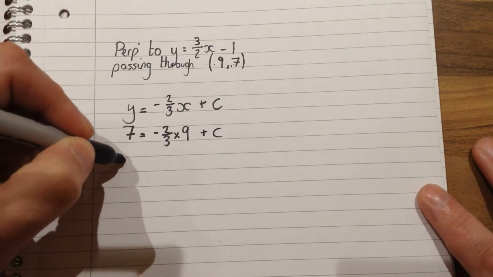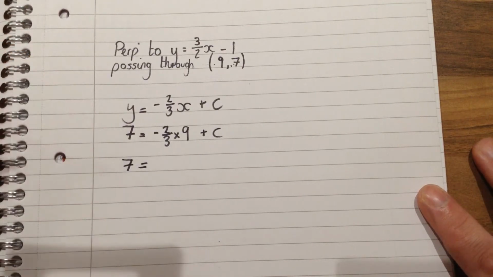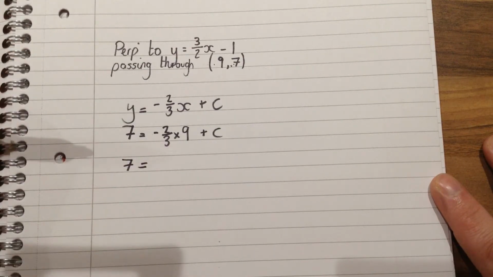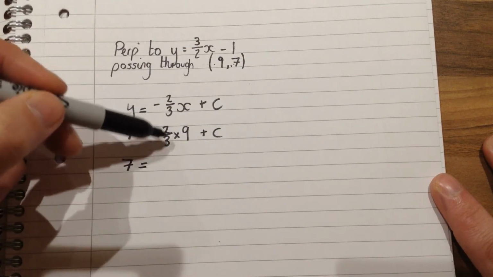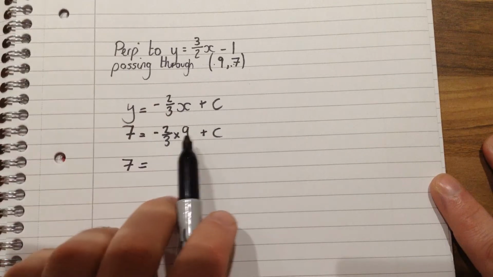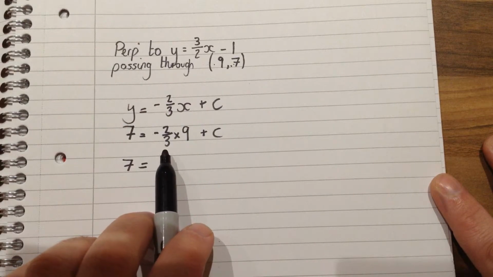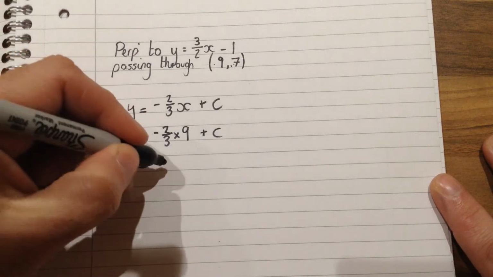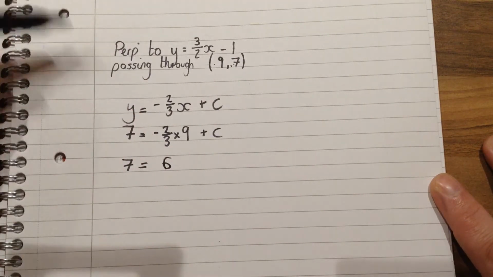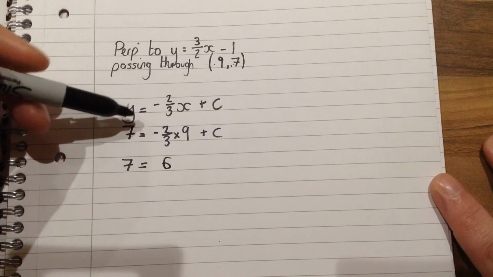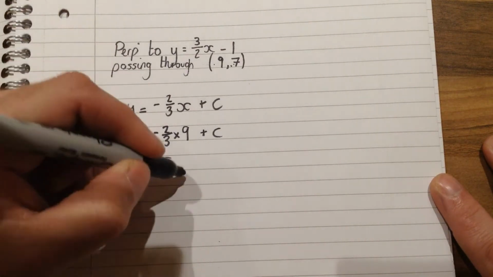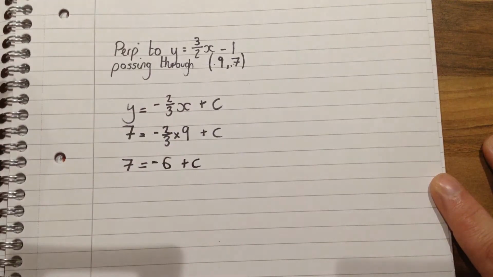So doing the calculations here, we get 7 equals minus 2/3 times 9. So if I wanted to find 2/3 of 9, I would have to do 9 divided by 3, which is 3, times 2 to give us 6. But because we were doing minus 2/3 of 9, that gives me minus 6. And then plus c at the end.